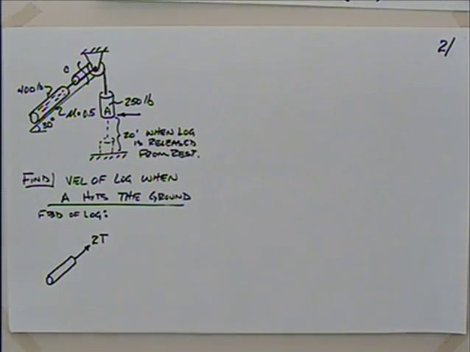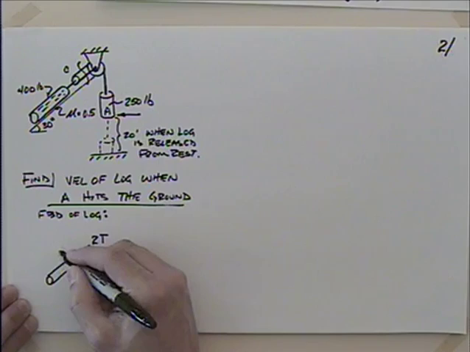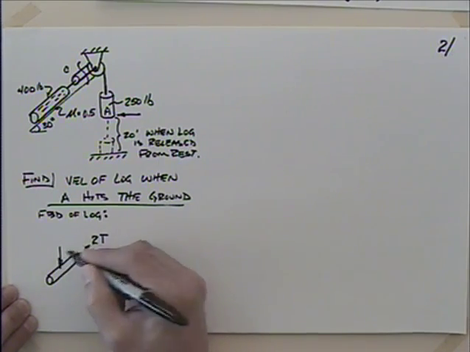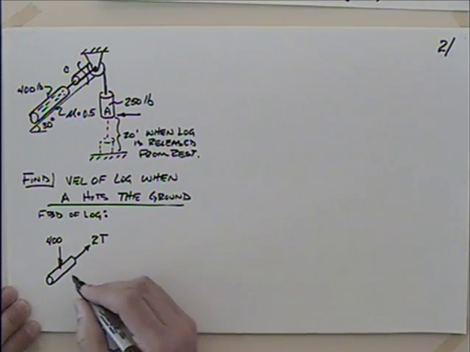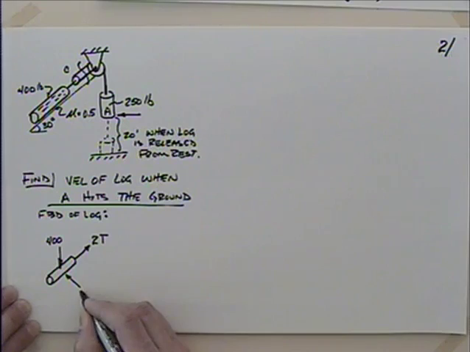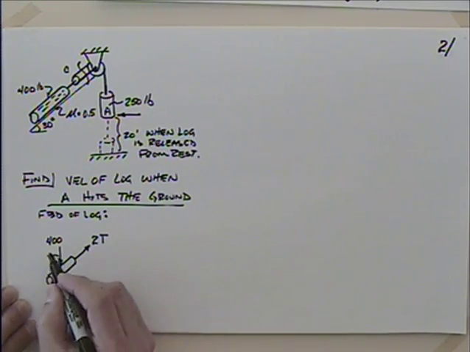Okay. And then I've got the weight of this thing acting to the center of the earth, so I'm going to take this as 400 pounds acting down. We'd have the normal force, that's the ramp pushing back on the log. There's the normal force. Incidentally, this angle in here ends up at what, 30 degrees?